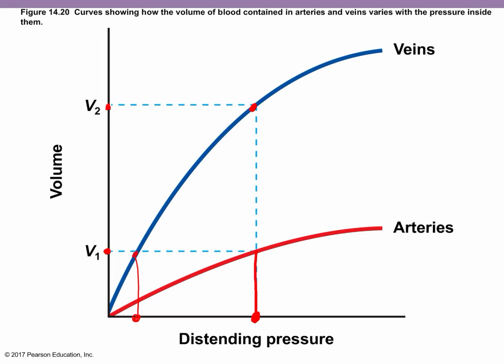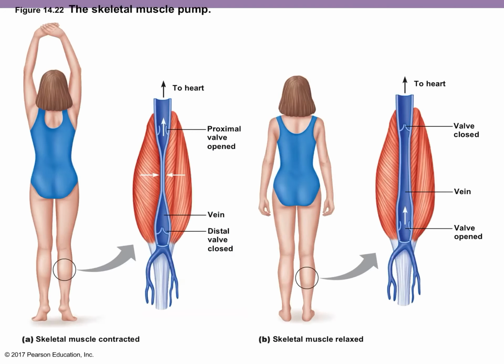If we look at volume 2, the pressure on the vein and the pressure on the artery is the same. So how can we interpret this? It means that the veins are able to accommodate the higher volume without a lot more pressure, so the veins are able to accommodate more blood.